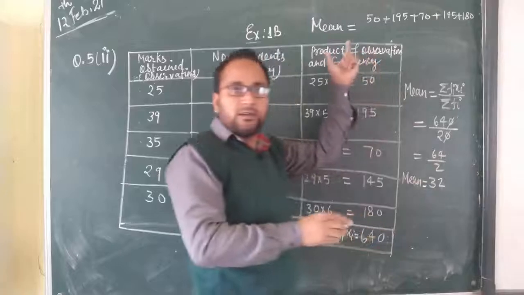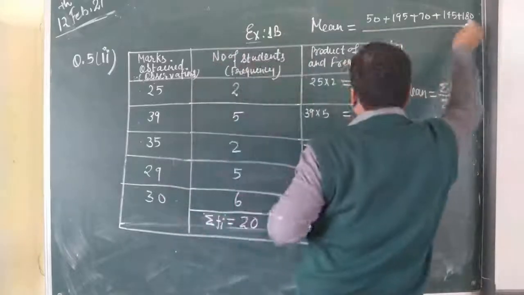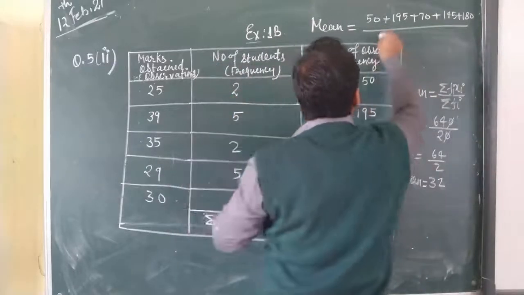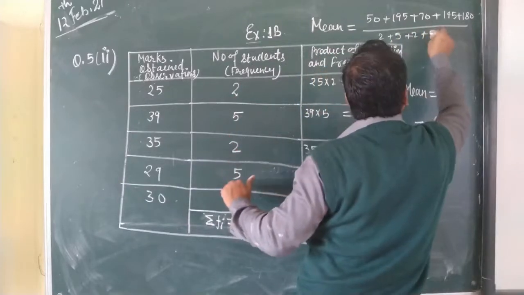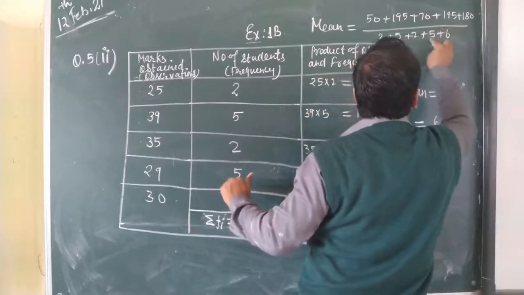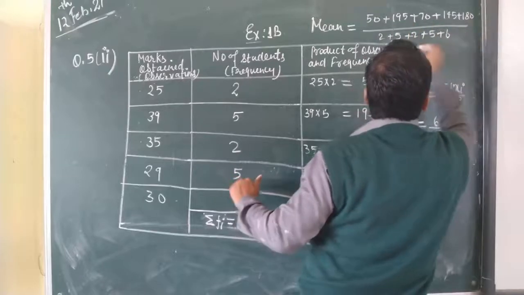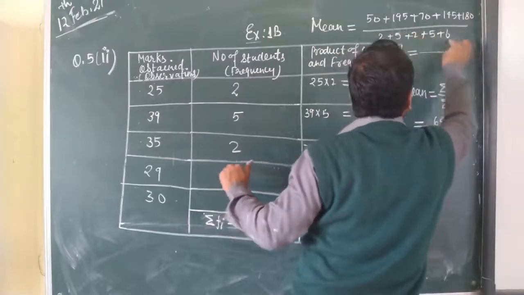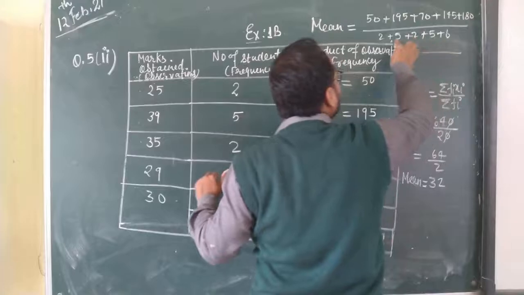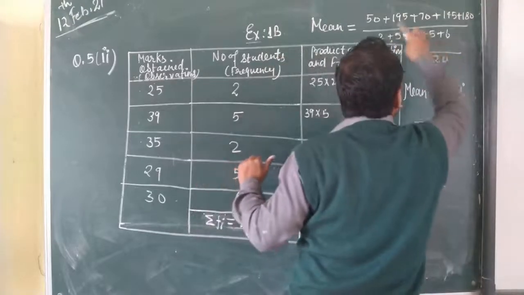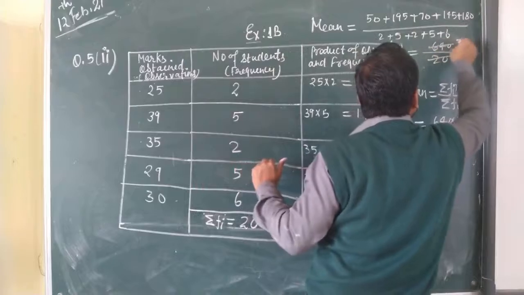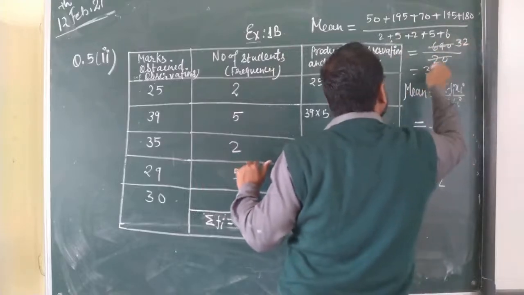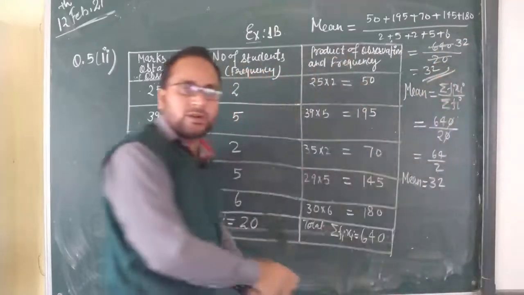You will write this upon the sum of these: 2 plus 5 plus 2 plus 5 plus 6, 1 2 3 4 5, and if you add this, 6, 5, 11, 2, 12, 13, 13 plus 5 is 18, plus 2 is 20, and if you add this, you will get 640, divide this, you will get 32. So in this case also you will get the same answer.